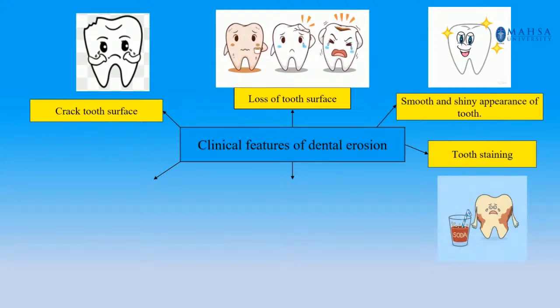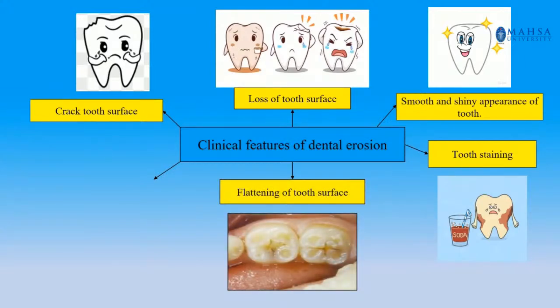If the person does not brush their teeth or rinse their mouth immediately, the stains will always stay on the tooth surface. Then, there will also be flattening of the tooth, which is a related factor that is seen from the loss of tooth surface from the acids, as I have mentioned in the previous explanations.